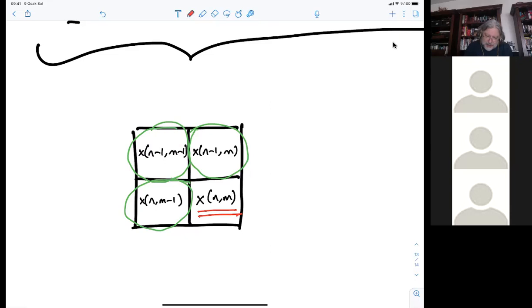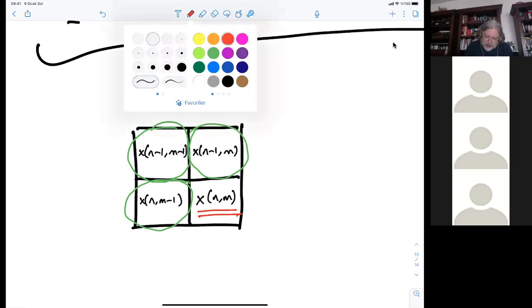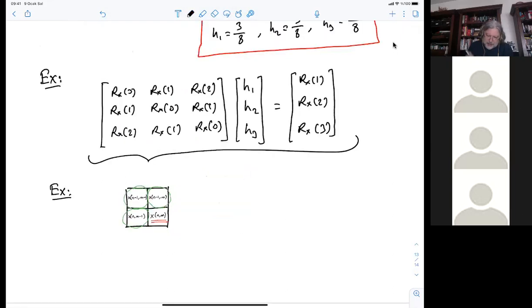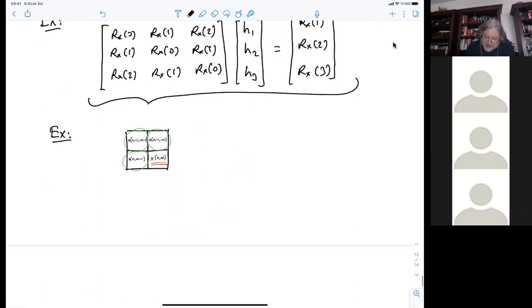So let me come back to this size. Sorry for the scale. I can find things like this. R0 is equal to the expected value of x of n m squared.